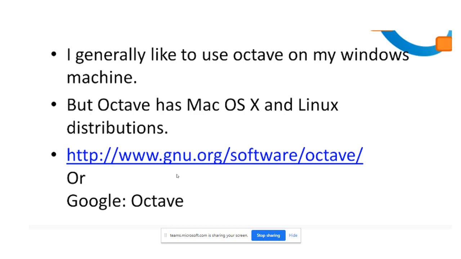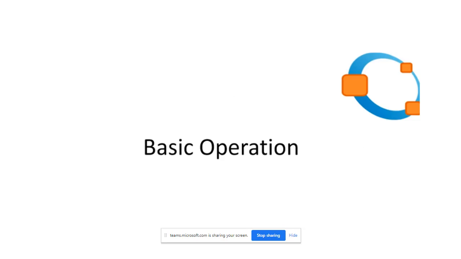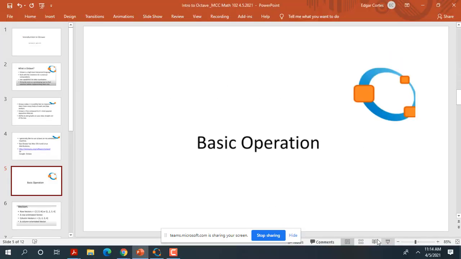Now we have the basic operations of Octave. Since Octave is more on math, we have some basic operations. What is really nice about software simulation is when you perform complex computations.